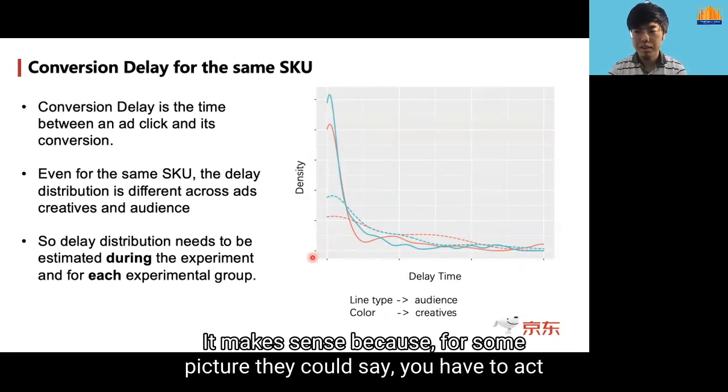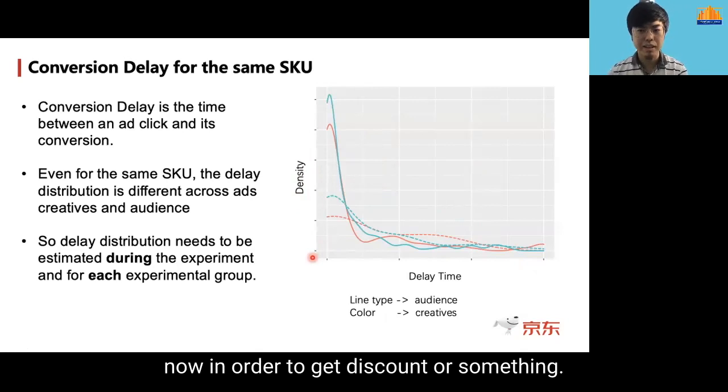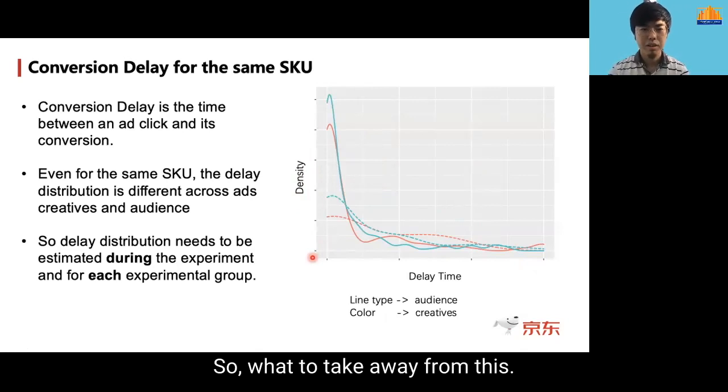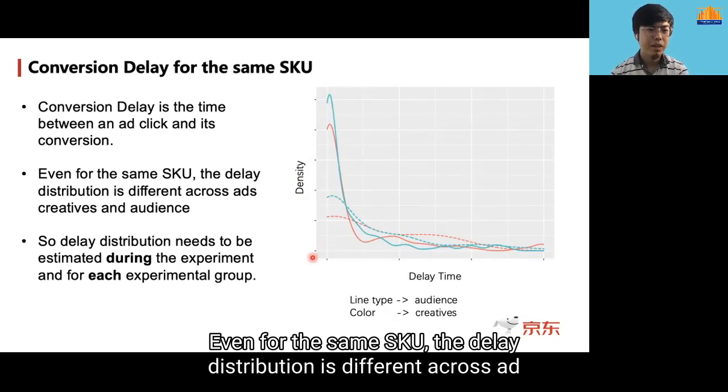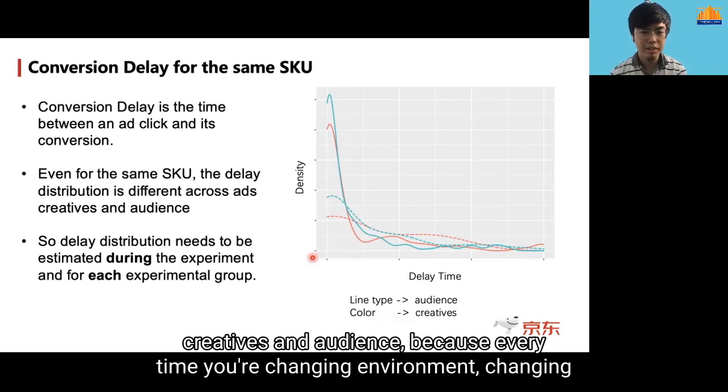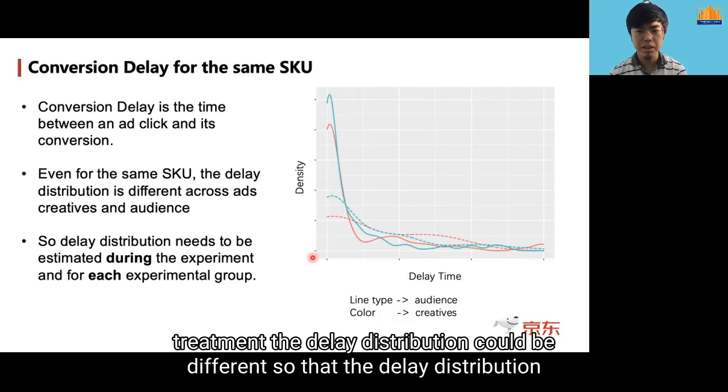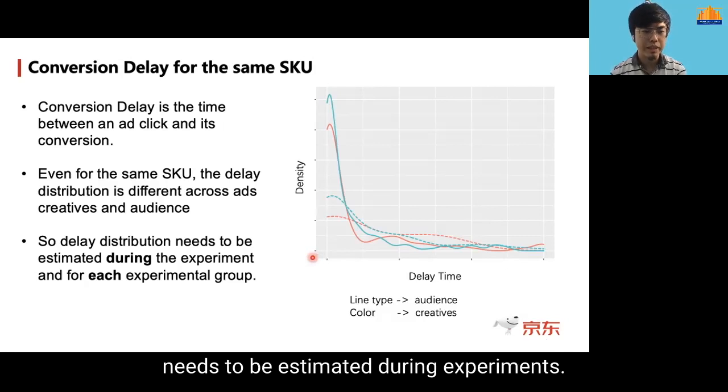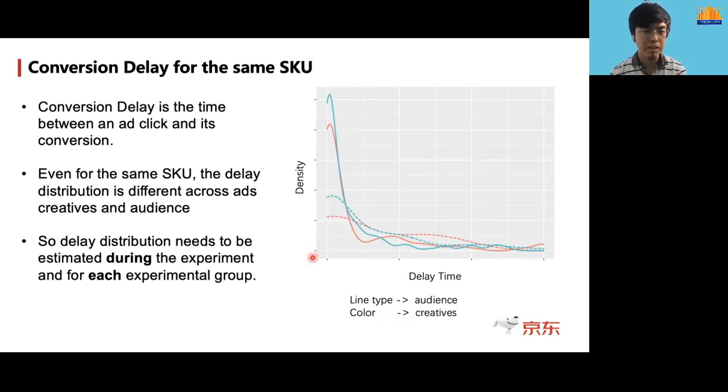It makes sense because some pictures could say, you have to act now in order to get a discount or something. So the takeaway is that even for the same SKU, the delay distribution is different across ads, creatives, and audiences. Because every time you change the environment or the treatment, the delay distribution could be different. So the delay distribution needs to be estimated during the experiment and for each experimental group.